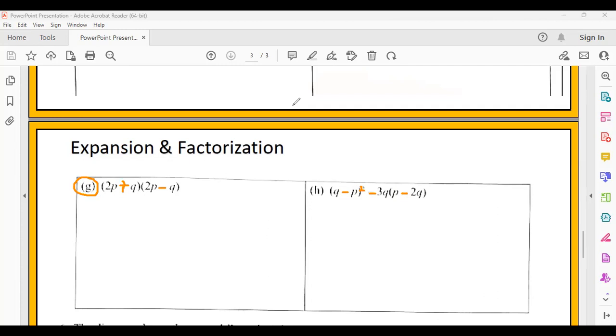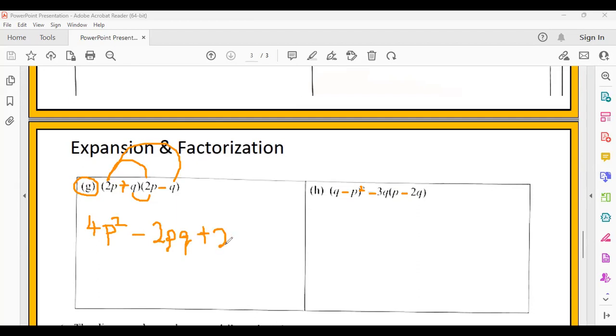Brain is lagging. No lah, no lah. You know, I understand when you learn math so late, you're tired. Okay. So let's do it together, girls. Okay. 2p times 2p. So I'm going to get 4 p squared. Good. 2p times negative q. So minus 2pq. Got it? And then q times 2p. And that's a positive.